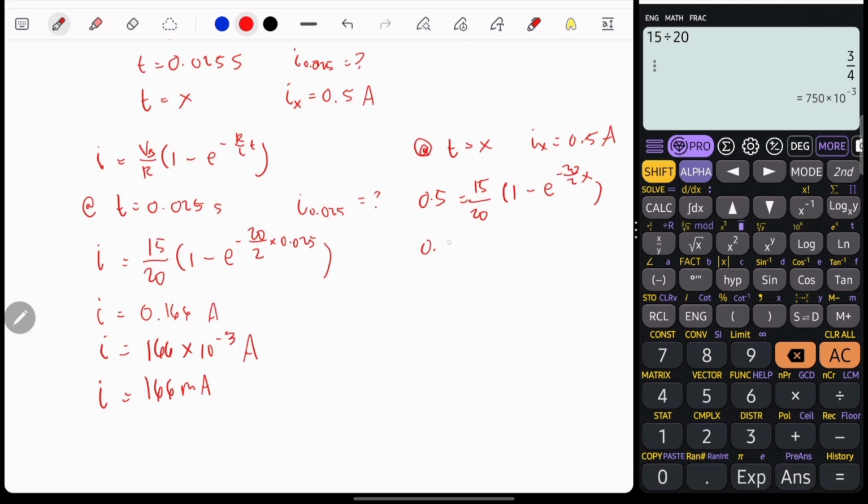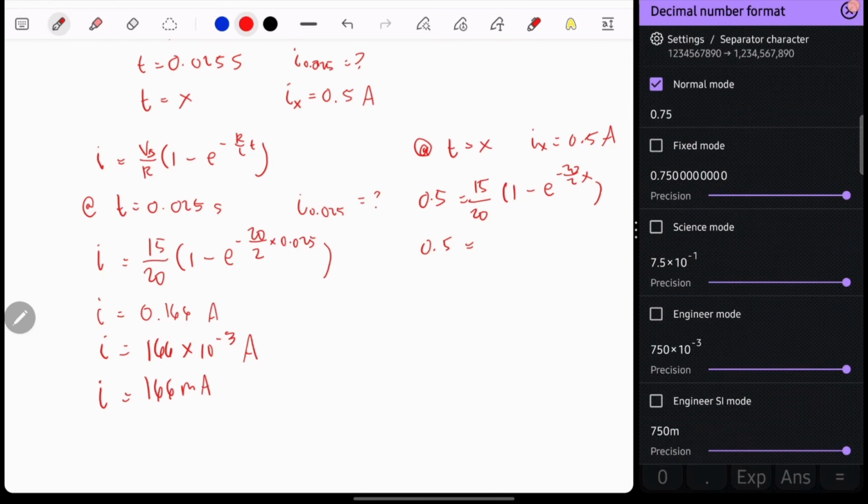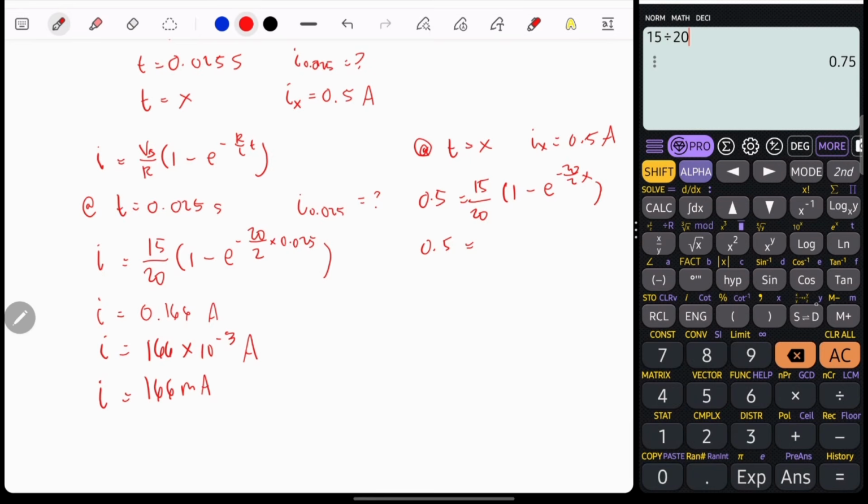So 0.5 equals 0.75 times 1 minus e to the negative 10x, since negative 20 over 2 is negative 10. So divide both sides by 0.75. 0.5 divided by 0.75 is 2/3. So 2/3 equals 1 minus e to the negative 10x.